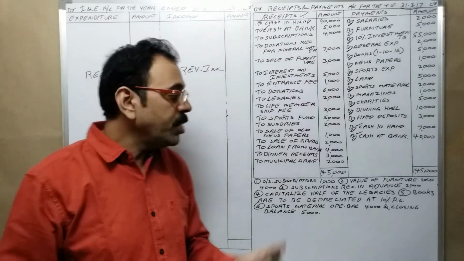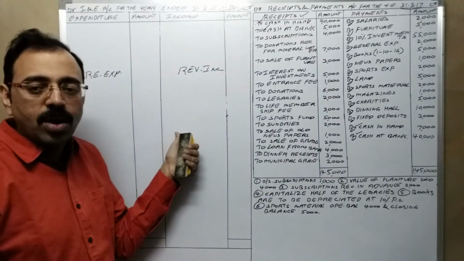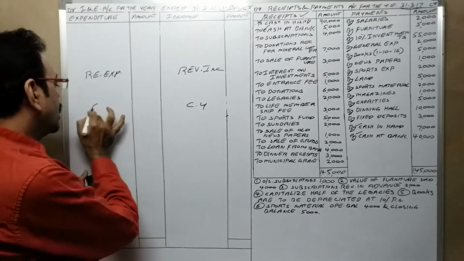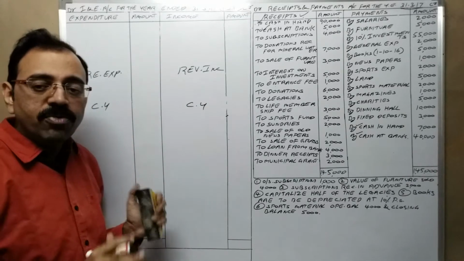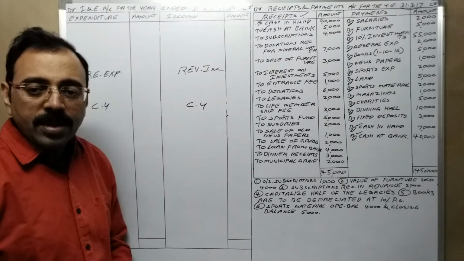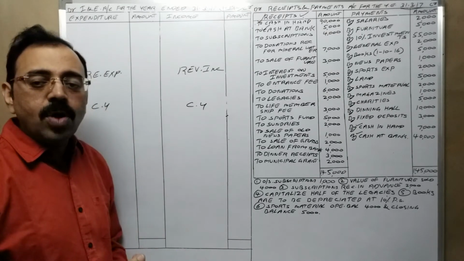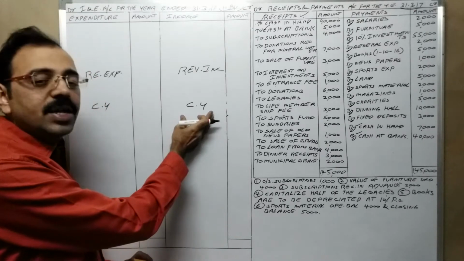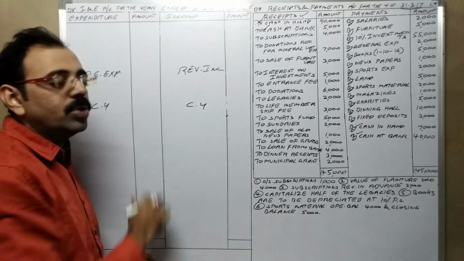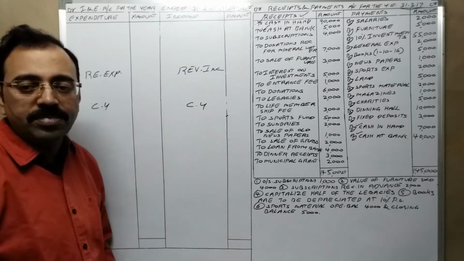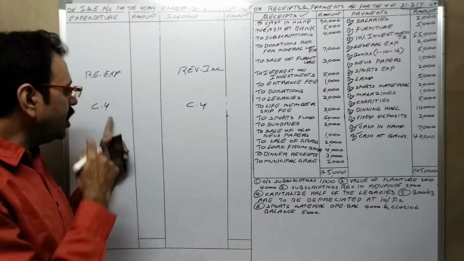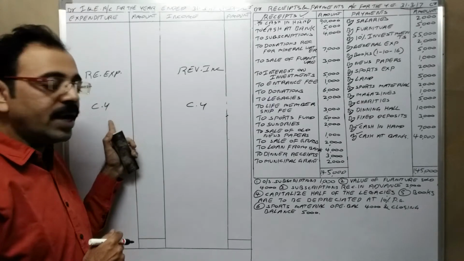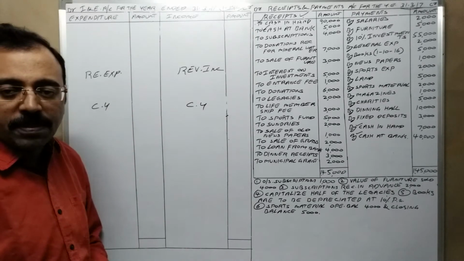But while preparing income and expenditure account, only current year incomes and current year expenses we should take. If previous year income or next year income is included in this current year income, we should exclude them. We should deduct them. Similarly, previous year expenses and next year expenses also, we should deduct from current year expenses.